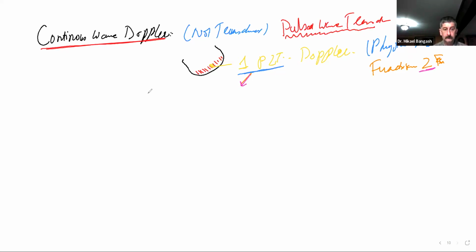And those two functions are, one, that this will be continuously transmitting. That's why this whole thing we refer to as continuous wave Doppler.